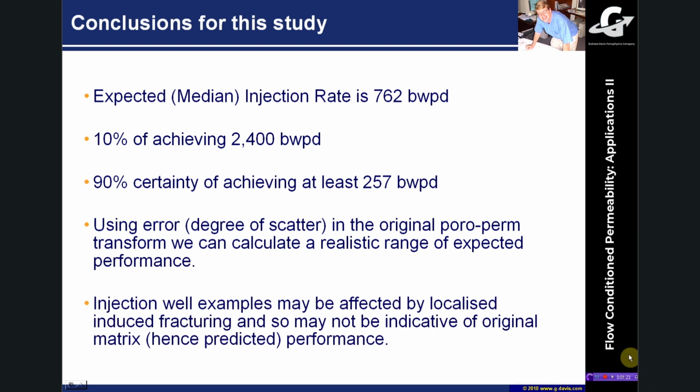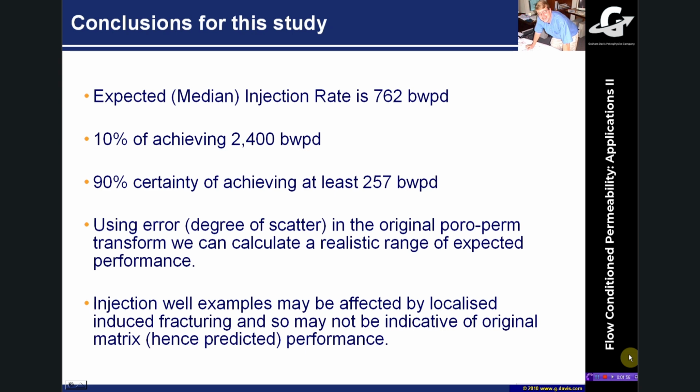I should point out, of course, that this particular example is an injection well, where when we're injecting cold water into reservoirs, we often get localized induced fracturing and other such localized enhancements due to the injection process. So therefore it may not particularly be indicative of the original matrix performance, and hence obviously our poroperm prediction is originally based on the expected matrix performance from our core data.